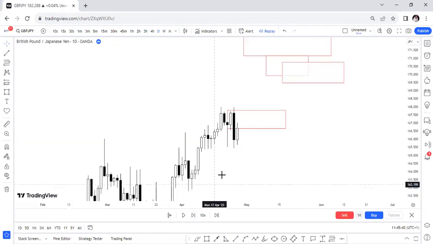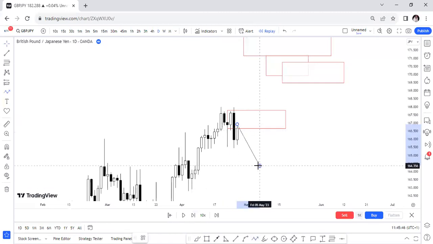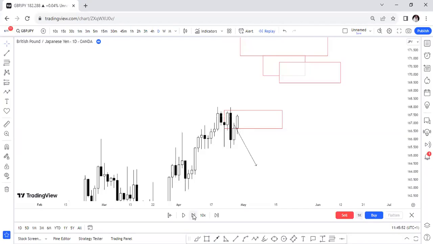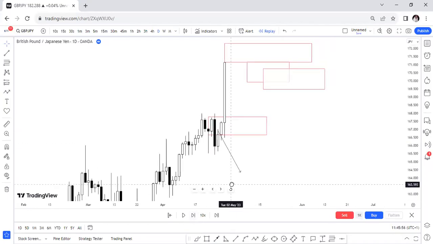Price went upward, because we were to sell once you get to this zone, right? We were to sell downward. But what happened? You see, it broke through it and got to this high. You see the big move.